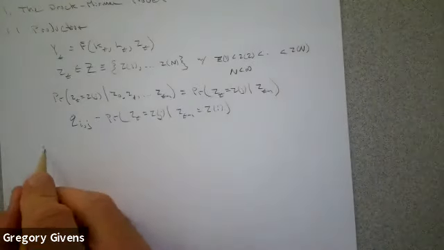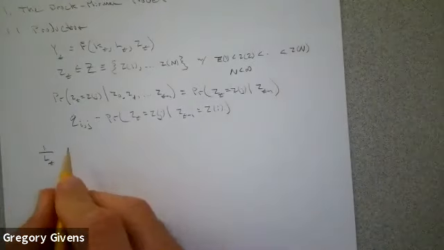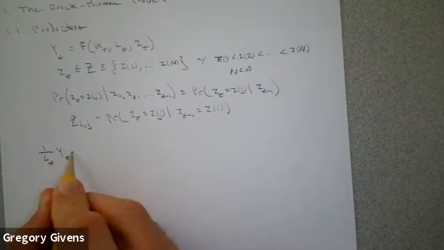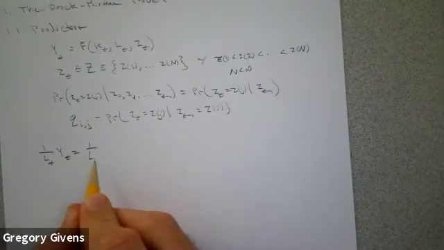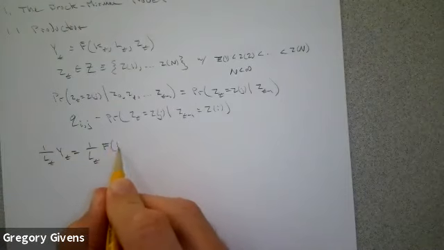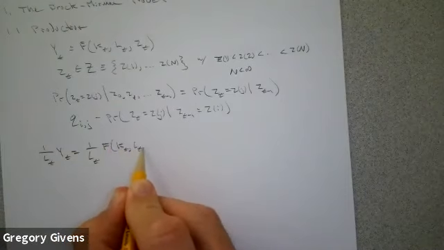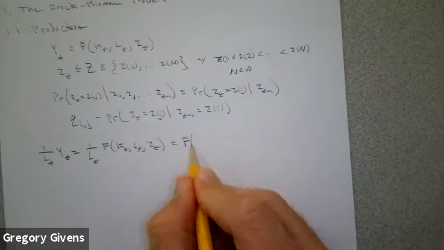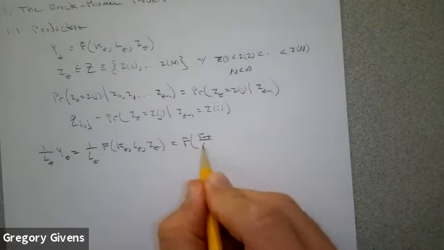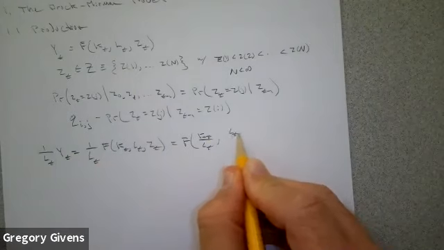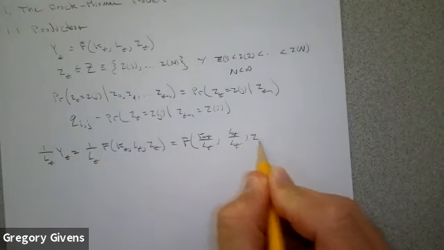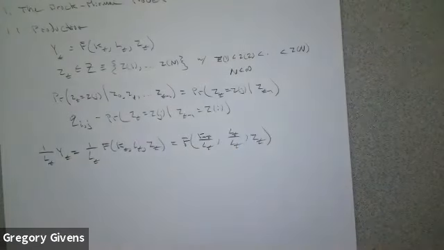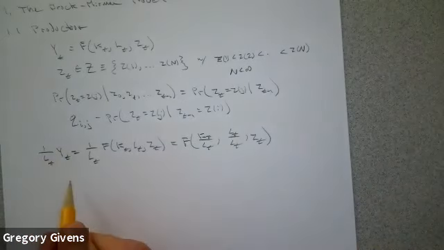So 1 over Lt times Yt is equal to 1 over Lt times F of K, L, Z, which is just equal to F of K over L, L over L, and Z. Remember, it's linearly homogeneous with respect to just the first 2 arguments. Y over L is output per worker, little y.